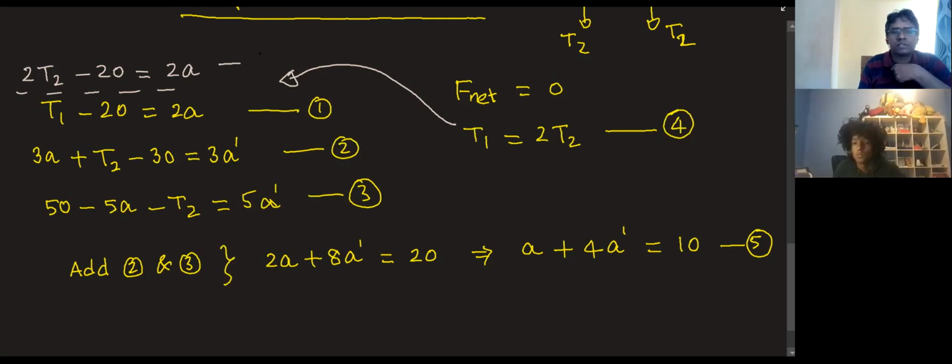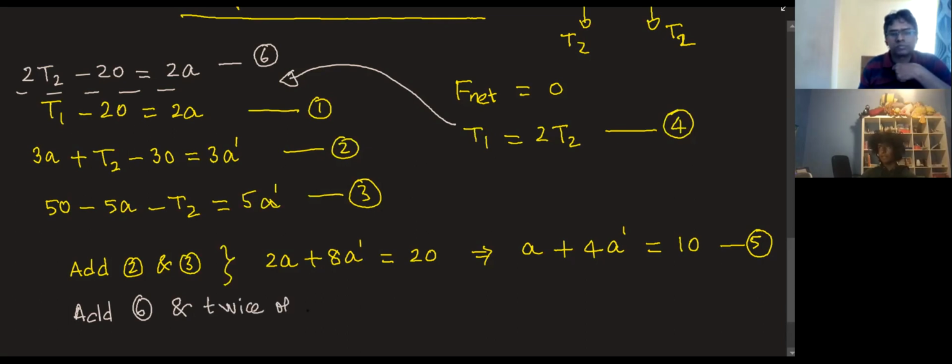Let's call this the sixth equation. I'm going to add equation 6 and twice equation 3. When I do that, the 2T2 will disappear.